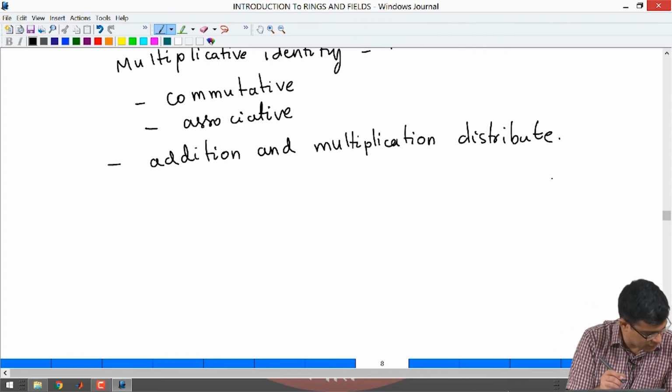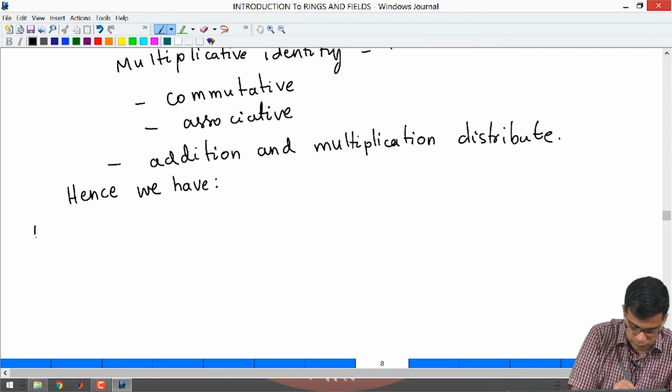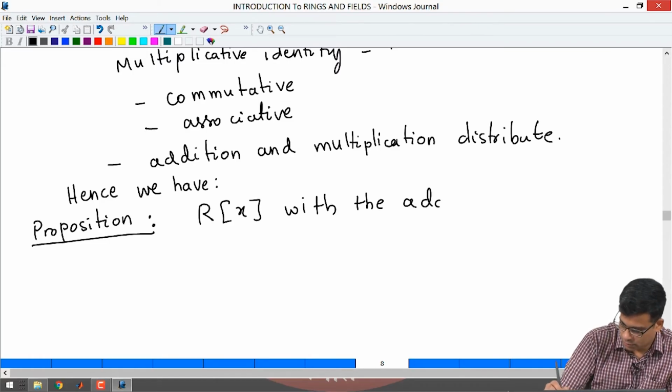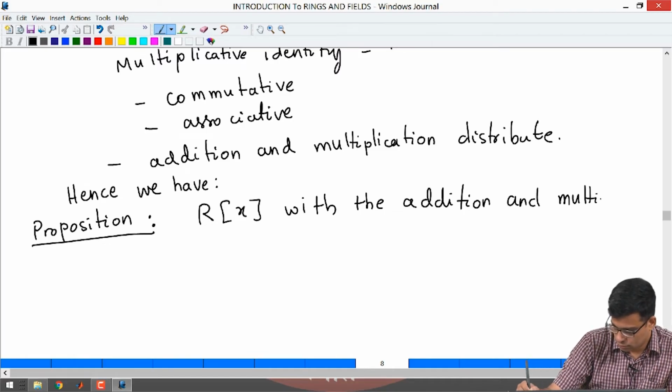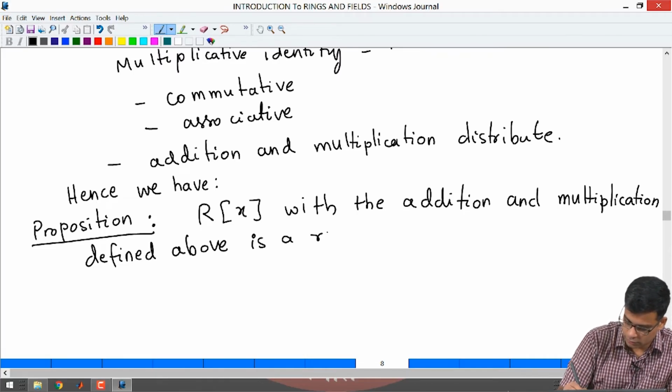So, the conclusion of all this is, I will write this as a proposition. So, hence we have a proposition: R[x] with the addition and multiplication defined above is a ring, okay.